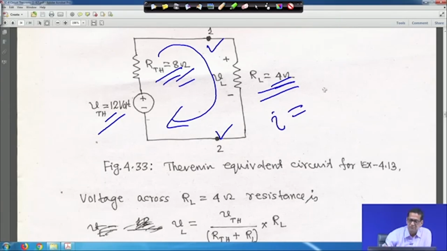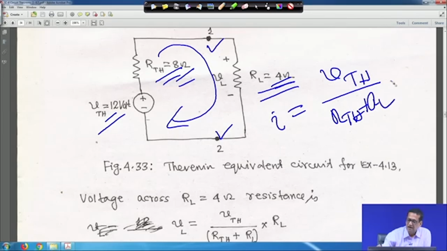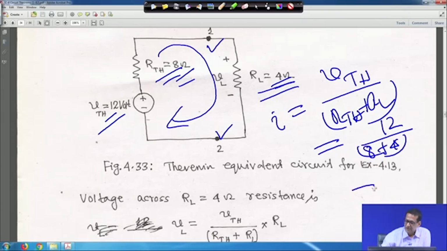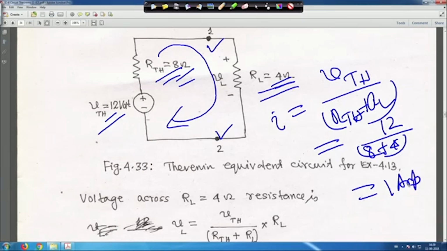Therefore, I is equal to V Thevenin by R Thevenin plus RL, right. So, V Thevenin is equal to 12 volt and R Thevenin is equal to 8 ohm and RL is equal to 4 ohm. So, that is actually 1 ampere, right. So, that means your I is equal to 1 ampere. So, you got that 1 ampere current is flowing through this load resistance RL.